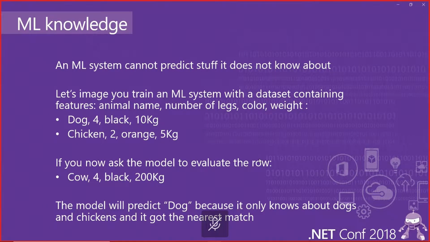The 2 data points are dog, 4 legs, black, 10 kilos, and chicken, 2 legs, orange, 5 kilos. If we train the model with just these 2 data points, and then ask it to evaluate a cow with 4 legs, black, and 200 kilos, I believe the model will predict dog, because it only knows about dogs and chickens. So this is the best guess.